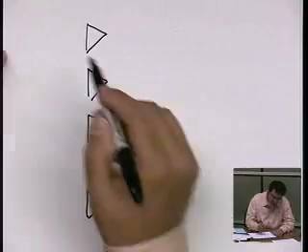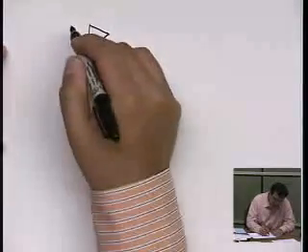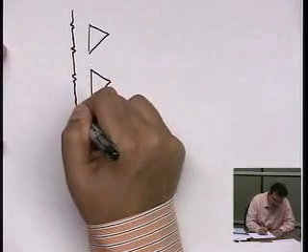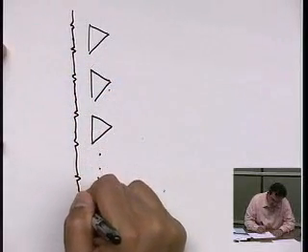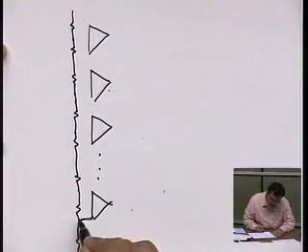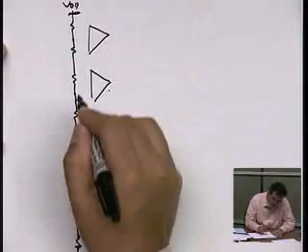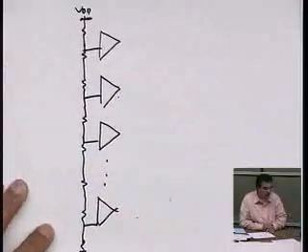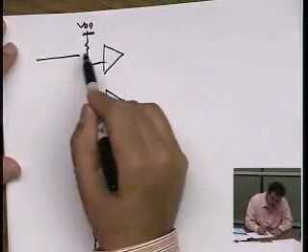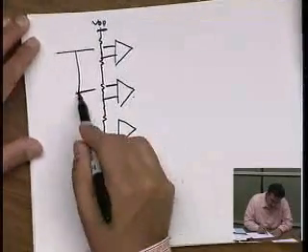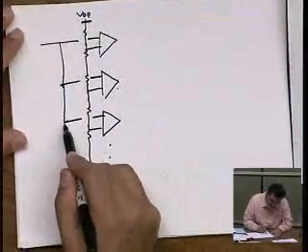So in this kind of application, I'm going to take something like a resistor divider string to produce my reference levels. And then I take my input signal and apply it in parallel to all the other stages.